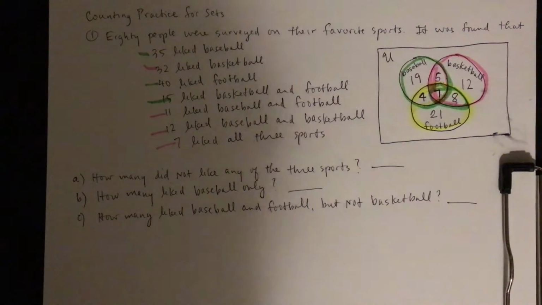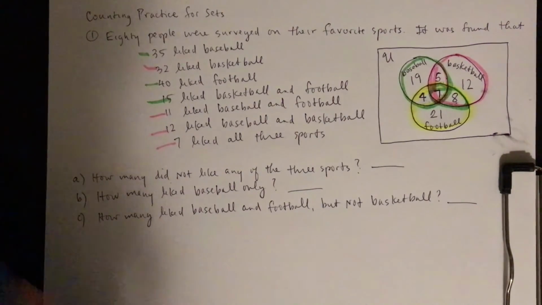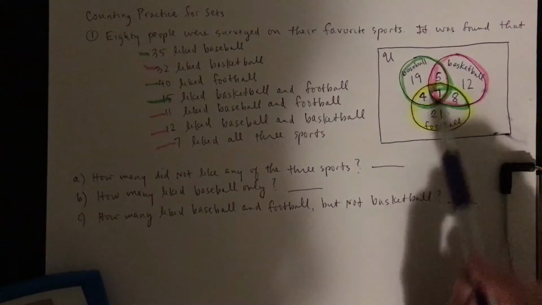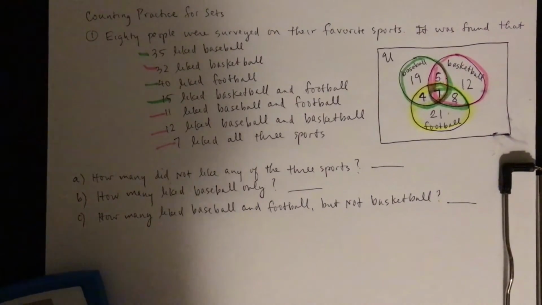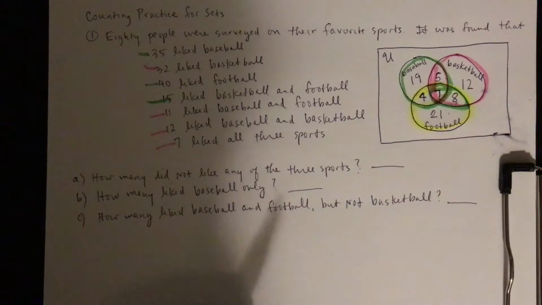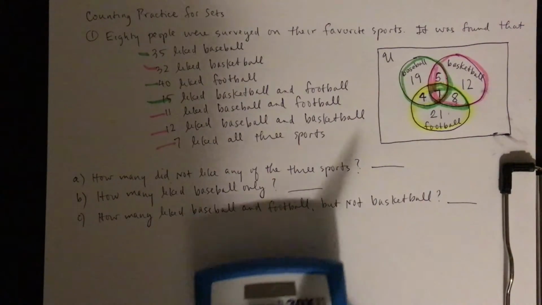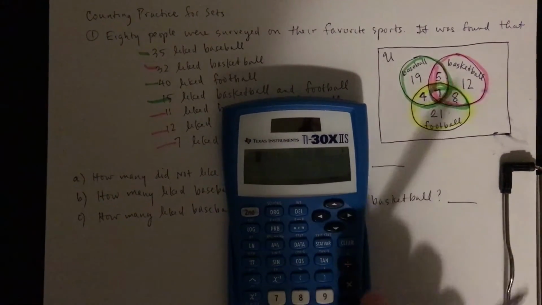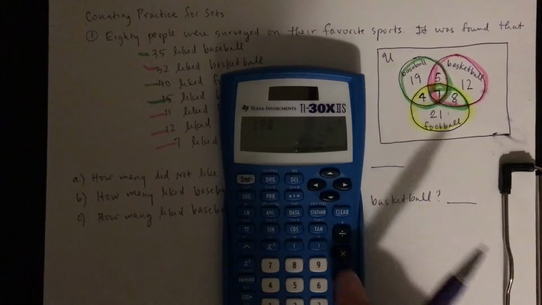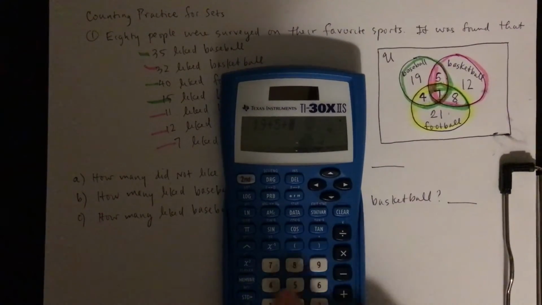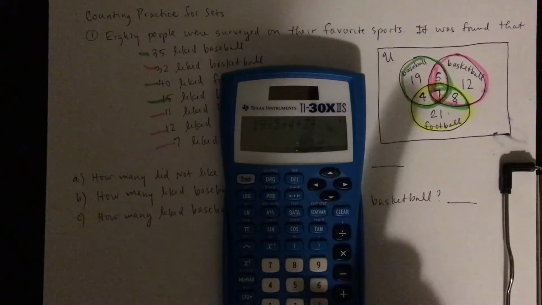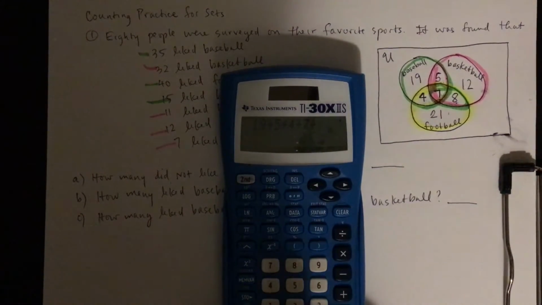Now, 80 people were surveyed. So I need to add up all the numbers in my Venn diagram and subtract that from 80 to find out how many people did not like any of the 3 sports. So I'll do 19 plus 5 plus 4 plus 7. That's everybody in the baseball circle.